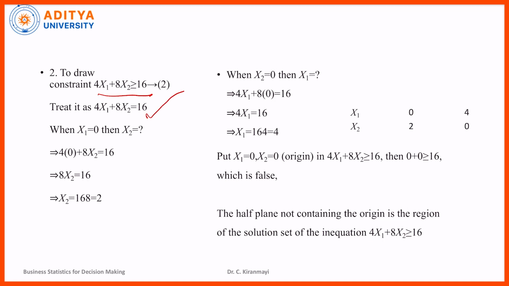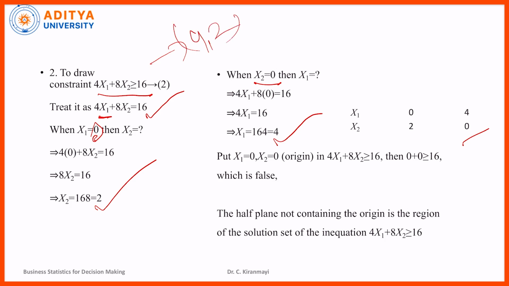Consider the inequality as equation and if we substitute x1 with 0, x2 is 2. If we substitute x2 with 0, x1 is 4. Therefore, the coordinates of this constraint are 4, 2.